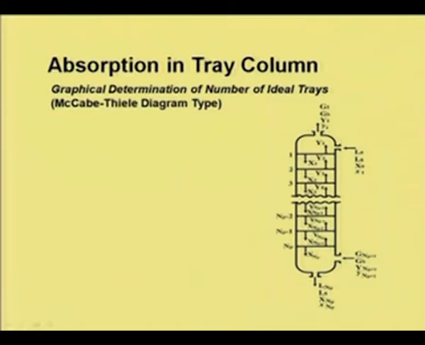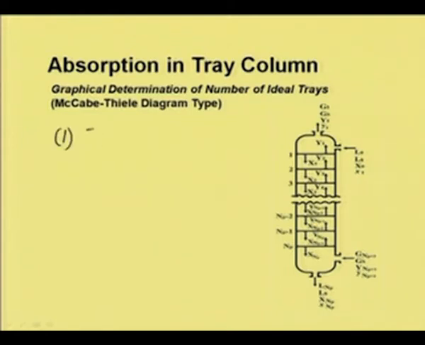The trays are numbered from top to bottom. For the McCabe-Thiele diagram we require that the operating line should be straight, and this requires two important assumptions.